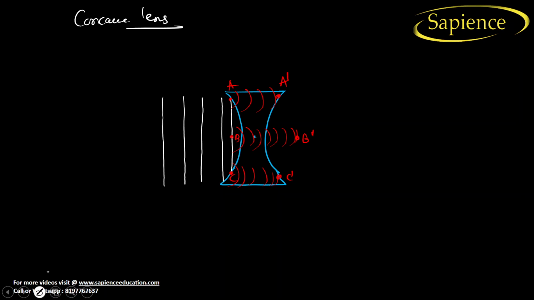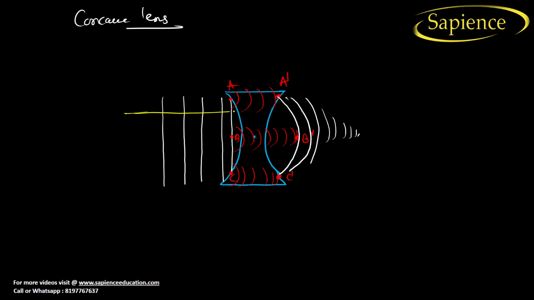Now if you create more wavefronts, you have to connect like this. See here, you have to connect like this. So what will happen again? It will create like this, like this. Got it? So you have to now take light rays perpendicular to the wavefront. So let us consider this is a light ray perpendicular to the wavefront.